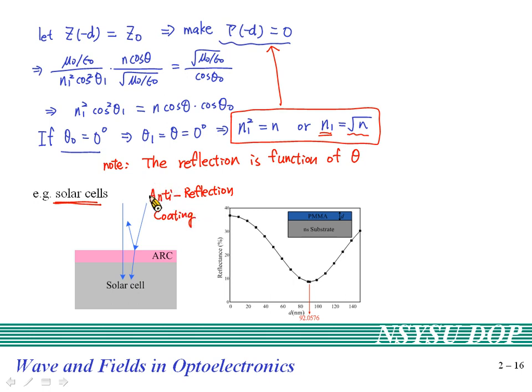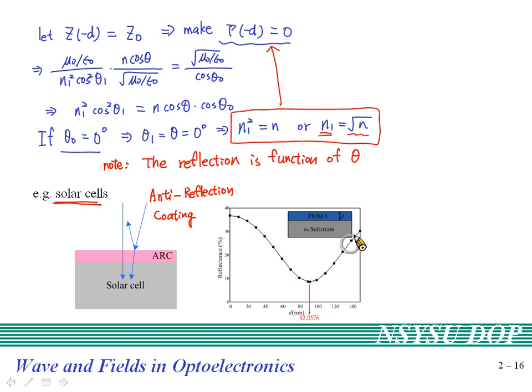Anti means no or against. So anti-reflection coating, which is also called ARC, is used to reduce the reflection. And this figure plots the reflection of a one layer anti-reflection coating with different thickness.